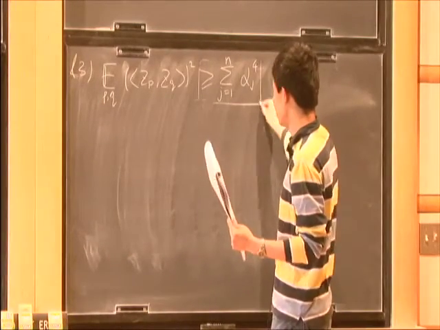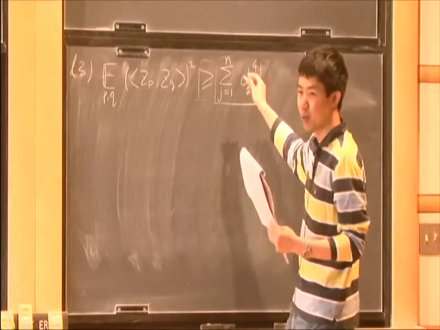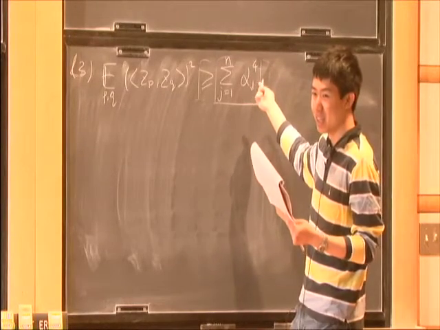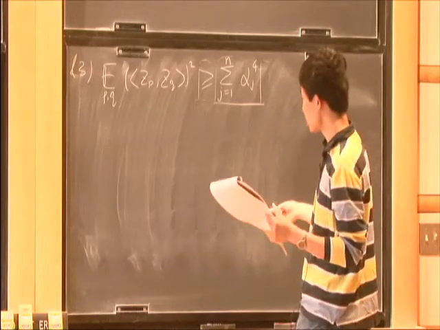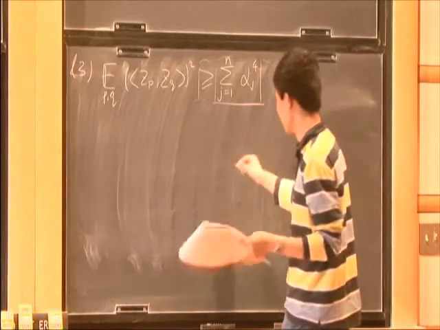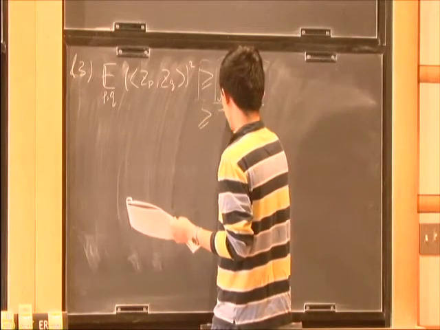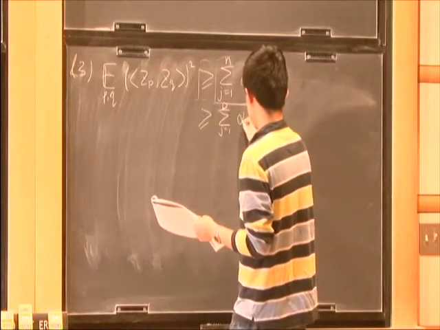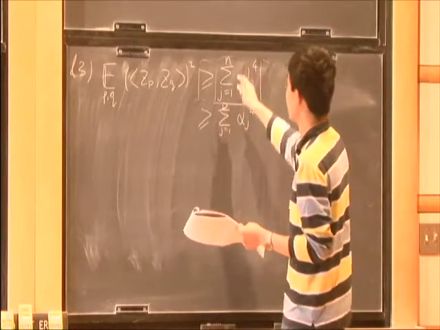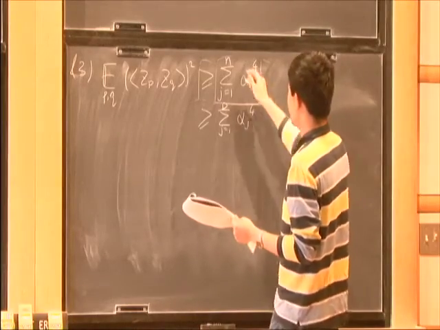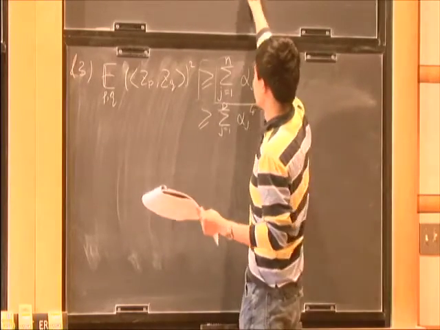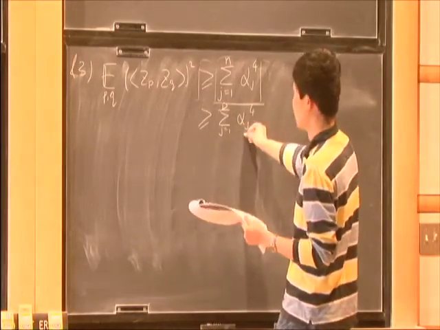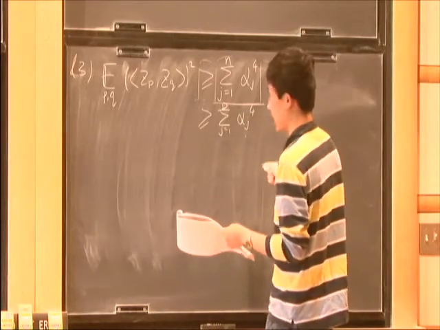Anyway, this is what you finally get if you want to believe me. So this is more than sum over j from 1 to d of alpha j to the fourth. Then we know this is large, so this must also be large by Cauchy-Schwarz.